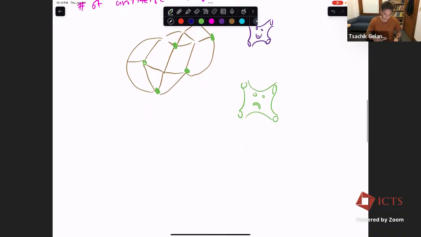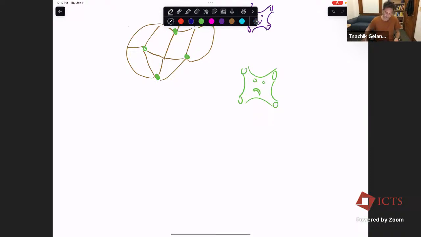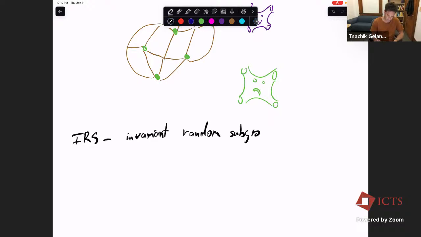Then much more attention was given to what are called IRSs, that's invariant random subgroups. So these are more complicated.